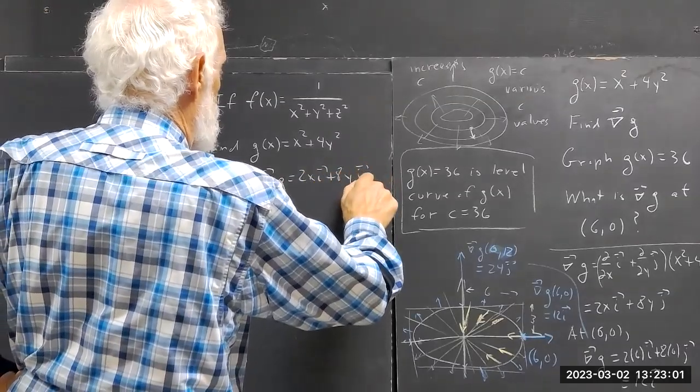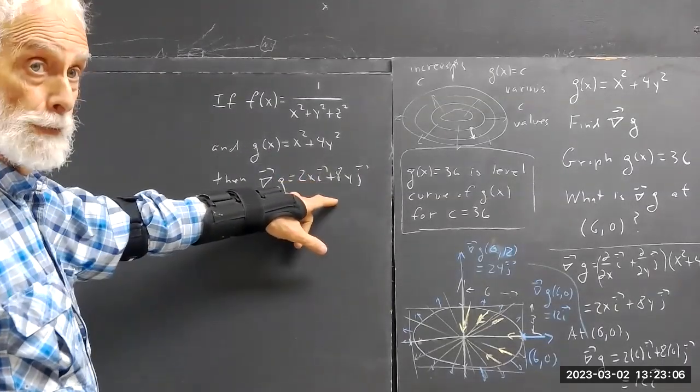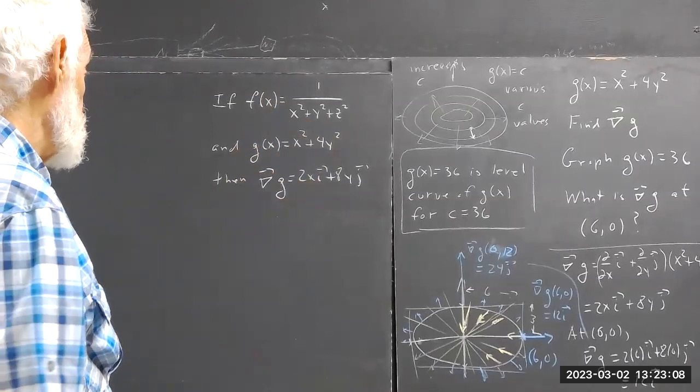Okay, now this is what we've already determined. If g of x is this, then the gradient of g is this. Simple enough.